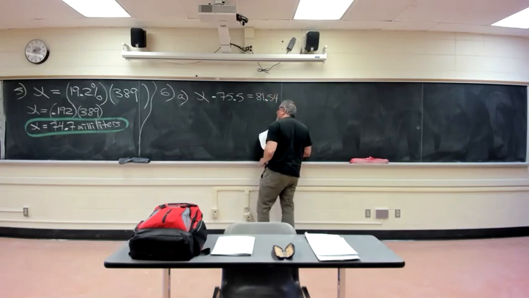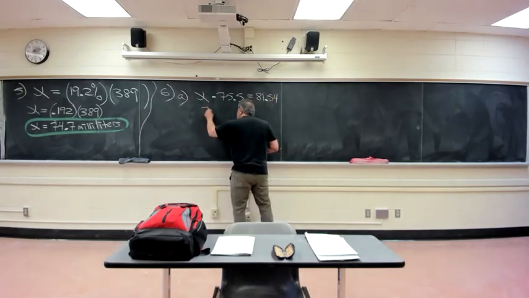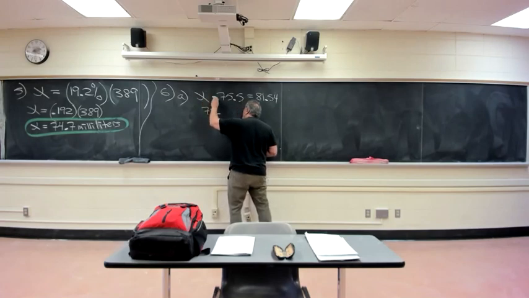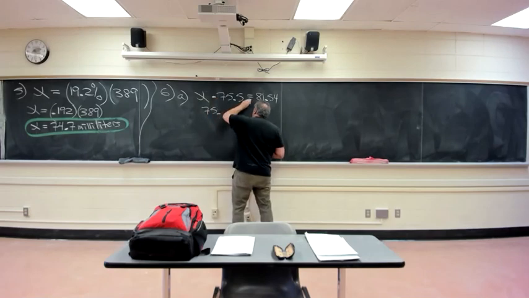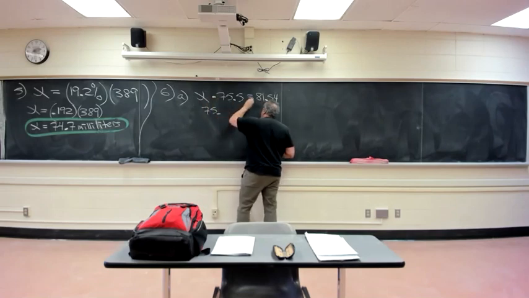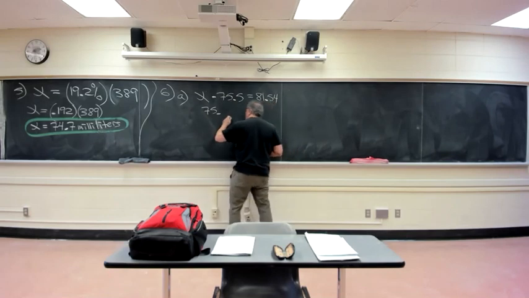What is unknown, "of" means times, "is" means equal. What percent of 75.5 is 81.54?